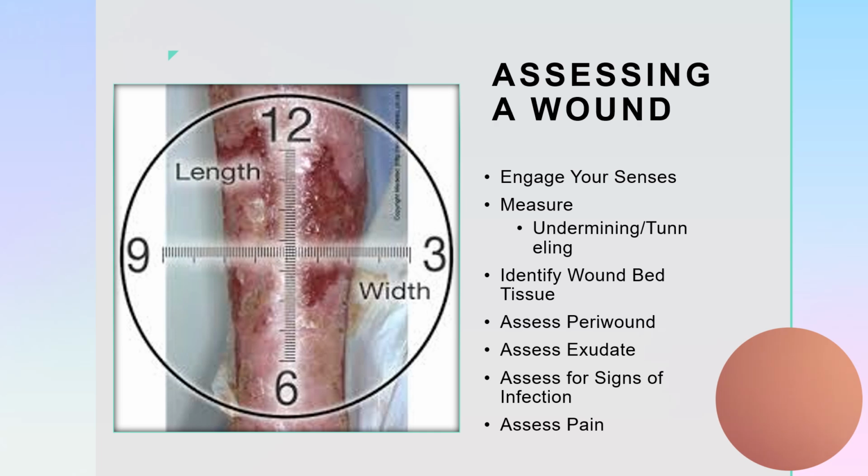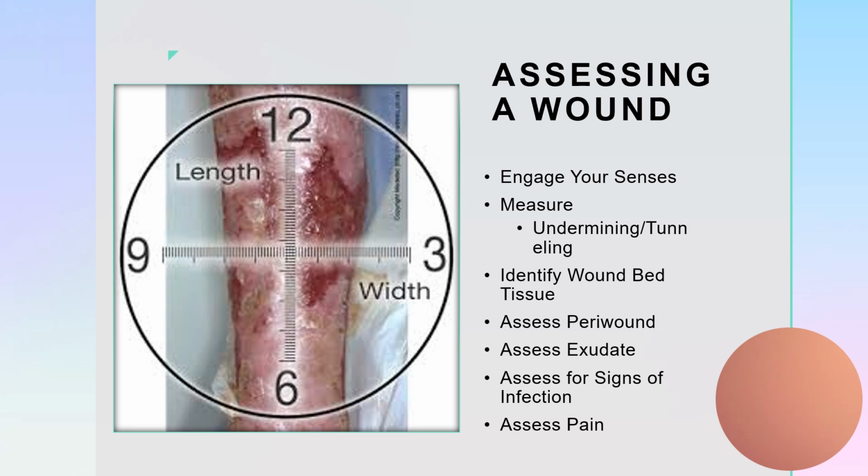We need to look for undermining and tunneling. This involves us looking at the edges of the wound. Are the edges attached to the wound bed or unattached to the wound bed? So undermining is when part or all of the wound edges are not attached to the wound bed.